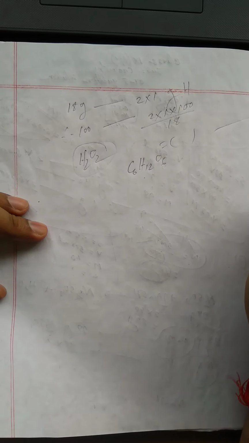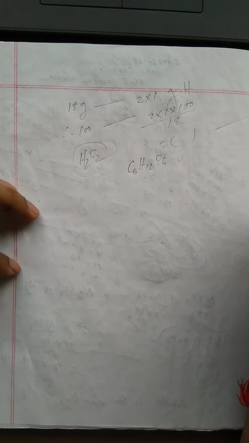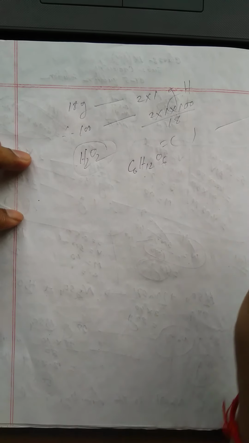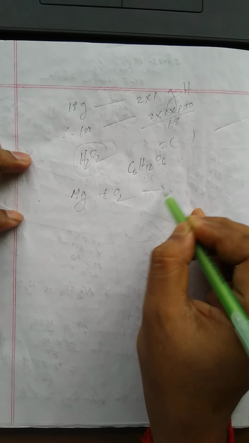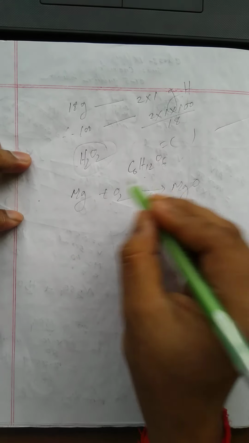How much oxygen is necessary for 5 gram Mg to produce MgO? This is the reaction, MgO.